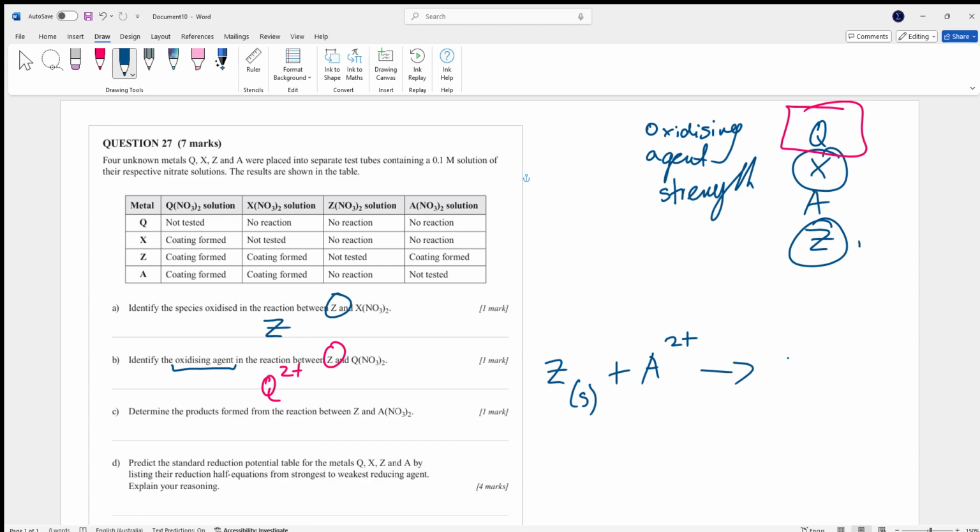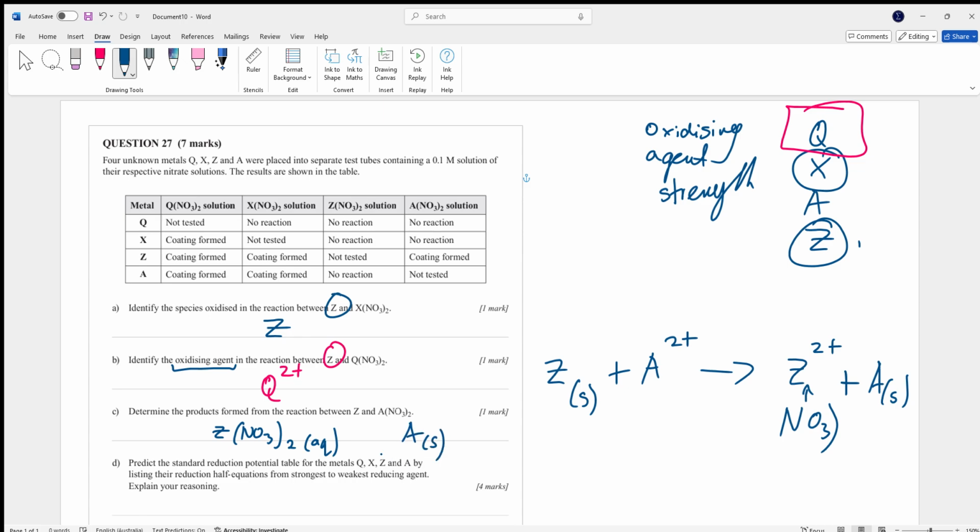What's going to happen is the Z is going to turn into an ion, and this is going to turn into a solid. So here for the products, I'd have to put the whole formats. I would include the ion here with that guy there. So the products formed would be Z(NO3)2, or you could write Z2+. And here you've also got to state their format. So this would be aqueous solution. And then here I would say A and I would go solid.